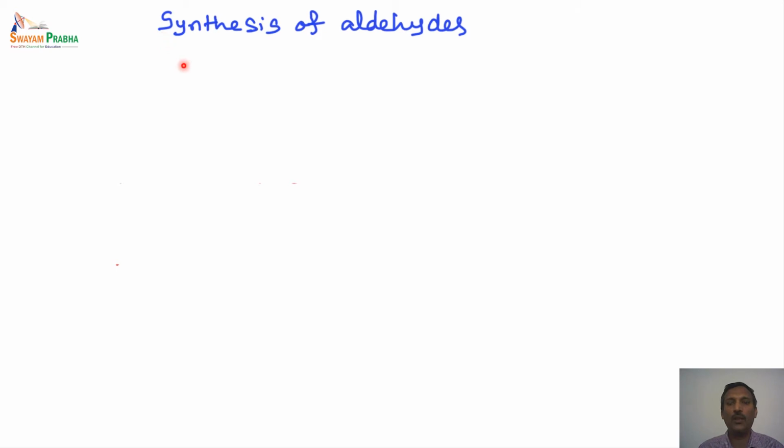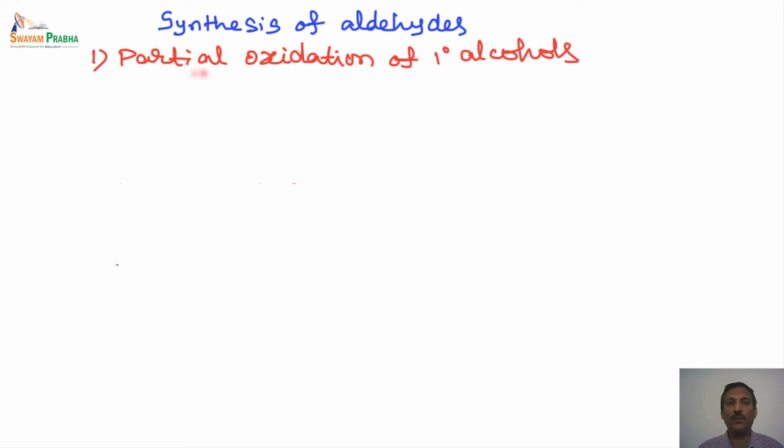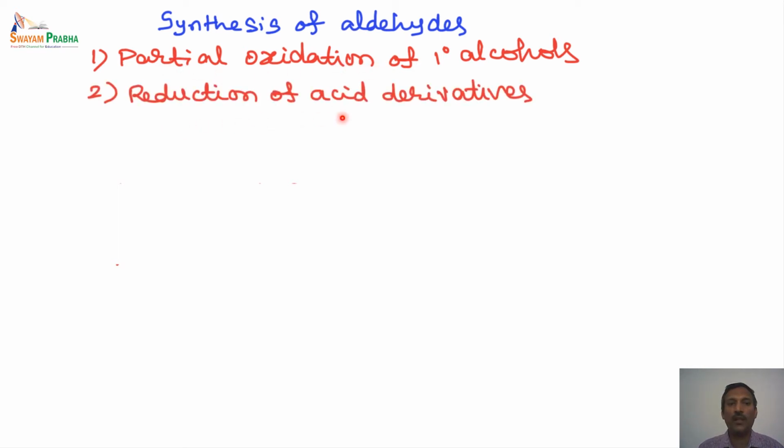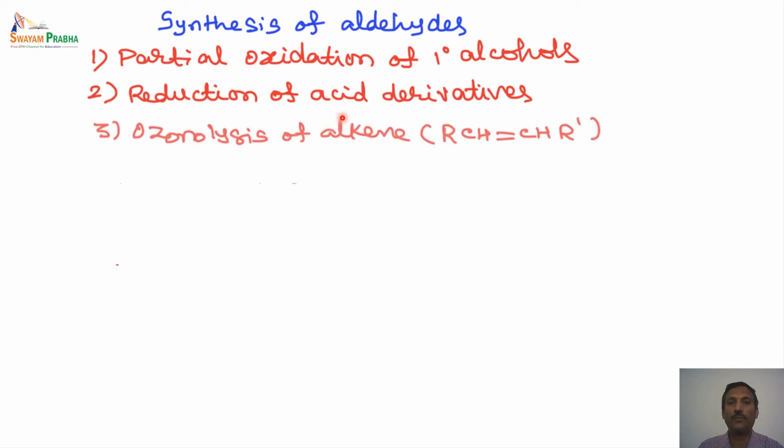We will now look at various synthetic methods by which aldehydes can be synthesized. The first one is partial oxidation of primary alcohols, then reduction of acid derivatives, ozonolysis of alkenes, mainly RCH double bond CHR' type alkenes, where there should be at least one proton on the alkene carbon.